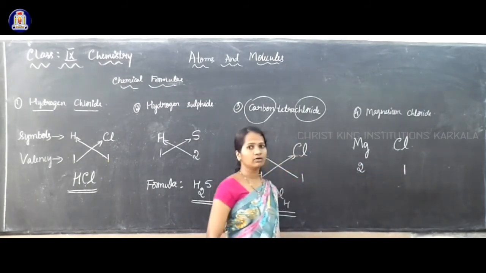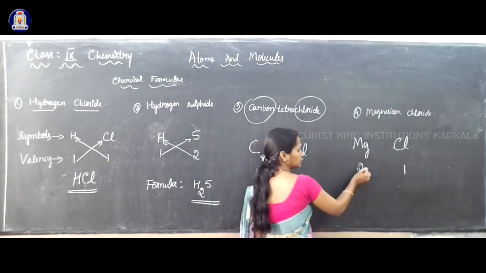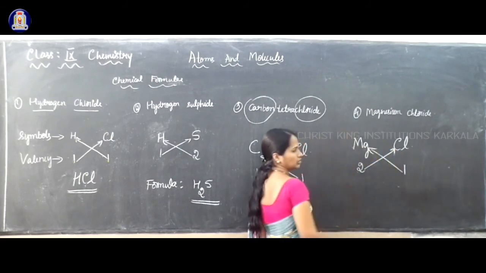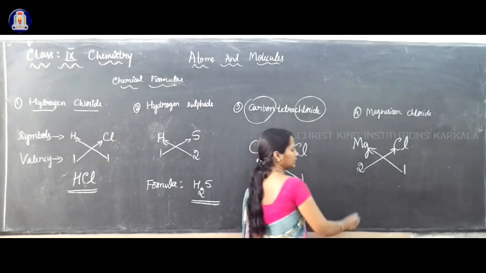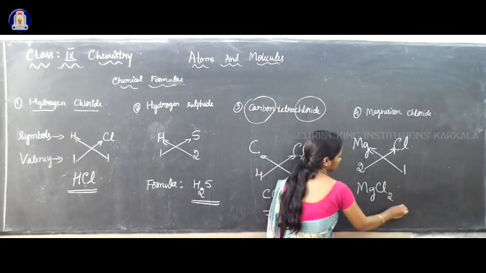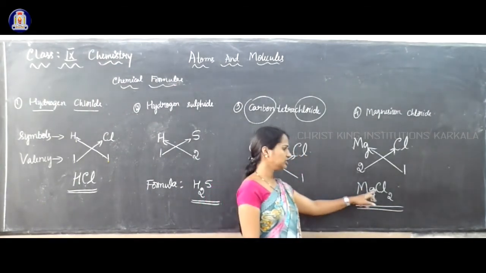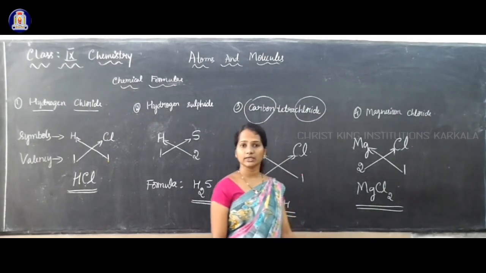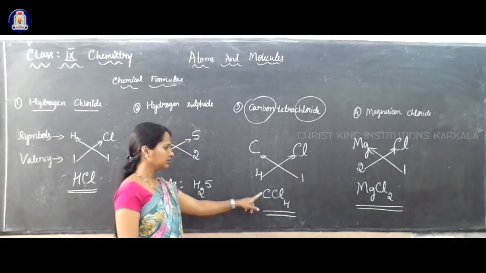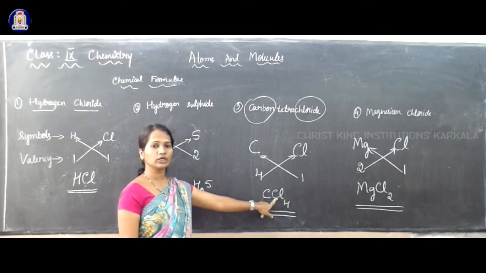You have to remember valency to write a chemical formula. Now the 2 goes to chlorine, the 1 goes to magnesium. So magnesium chloride is MgCl2. Carbon tetrachloride is CCl4, with capital C and Cl together representing chlorine.